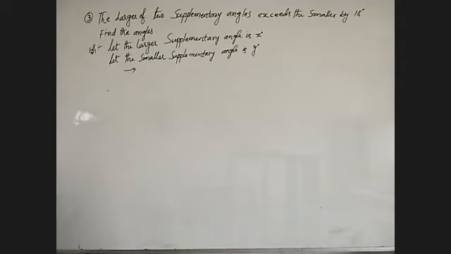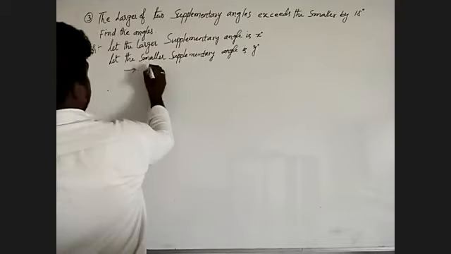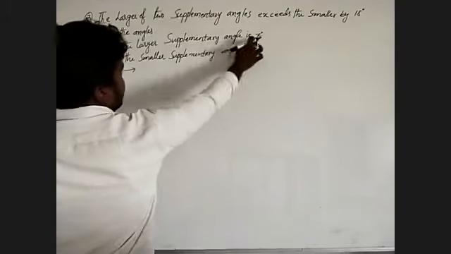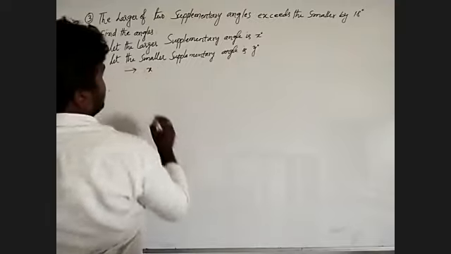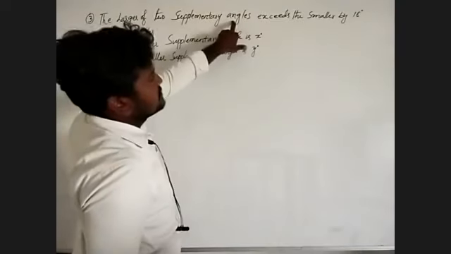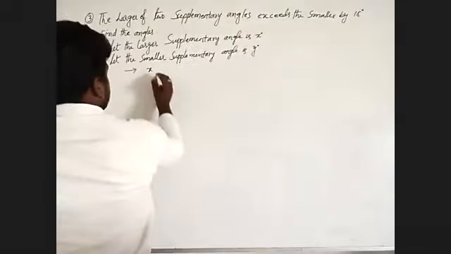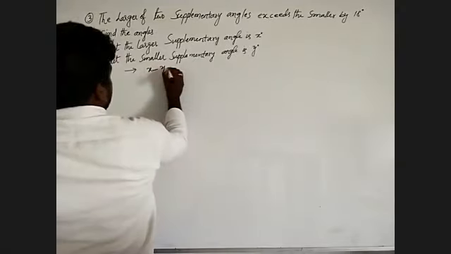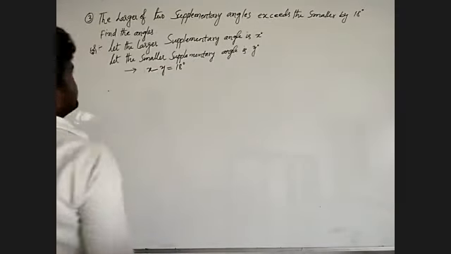The larger of two supplementary angles exceeds the smaller by 18 degrees. The larger means we take x, the larger supplementary angle. Exceeds the smaller, that means x minus y will become 18 degrees.